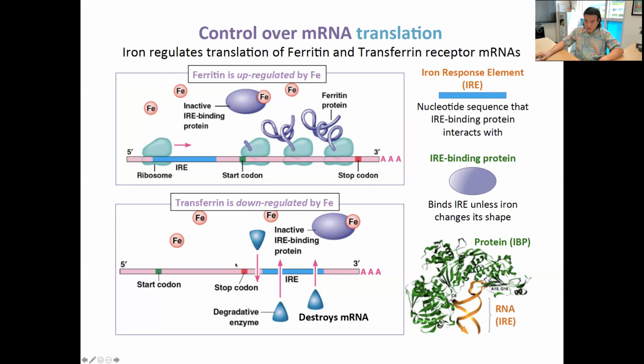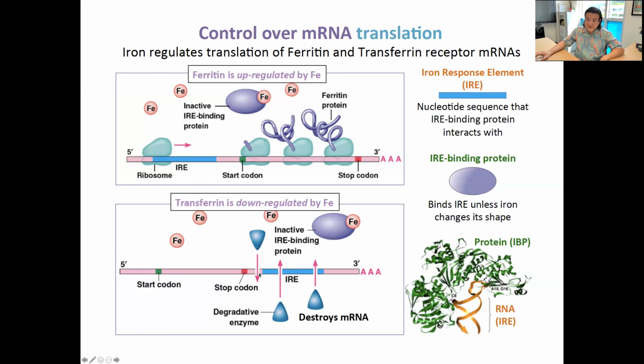So normally, this mRNA of the transferrin receptor would be actively translated in the absence of iron, so that you can make the transferrin receptor and get some iron into the cell.